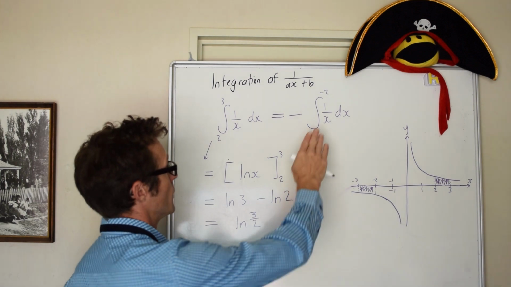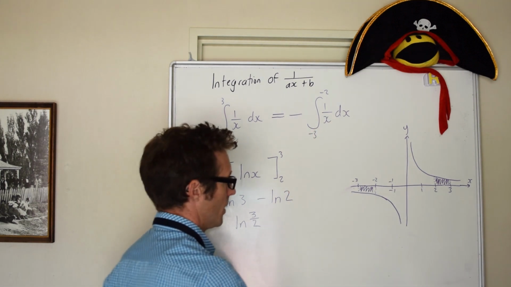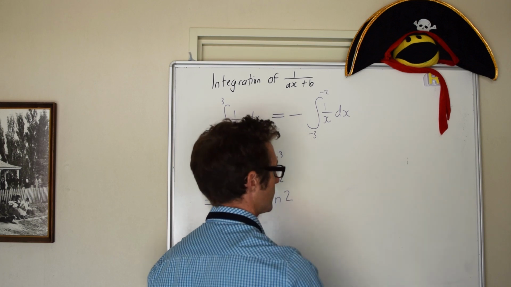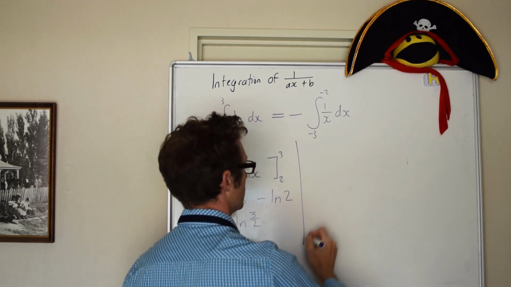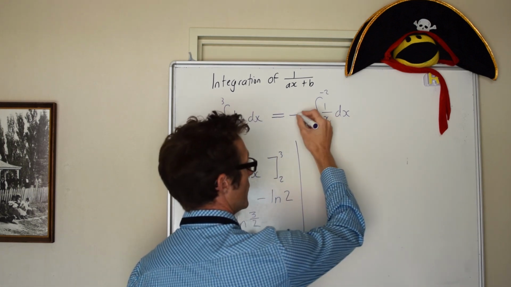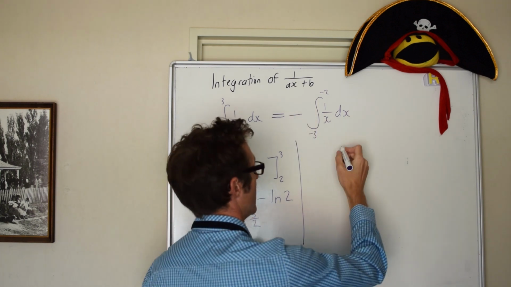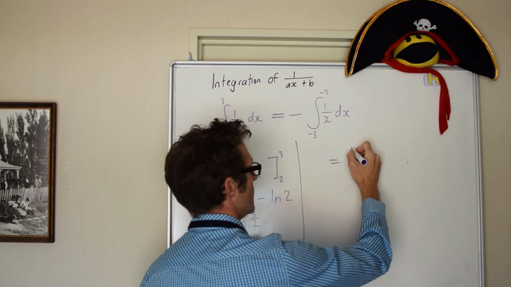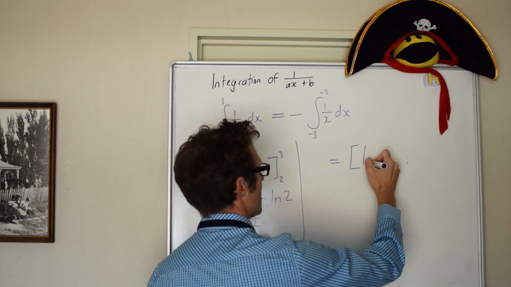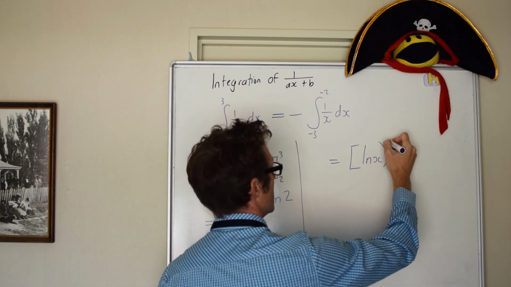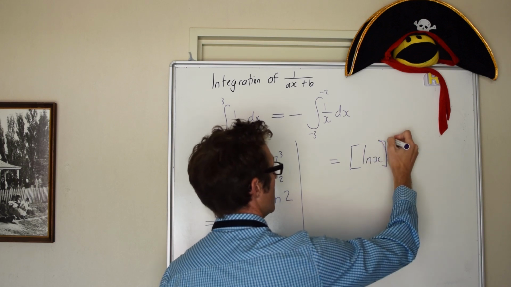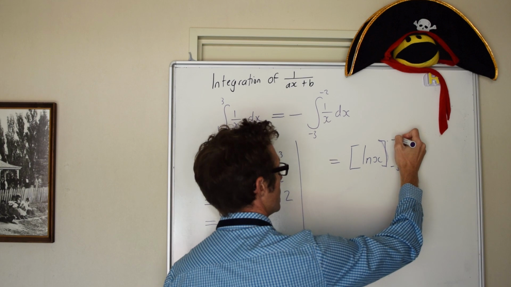Next, we're going to do the same with this one here. We'll forget about that negative for the moment, we'll come back to that later. If we integrate this, we'll have equal to ln x between minus 3 and minus 2.